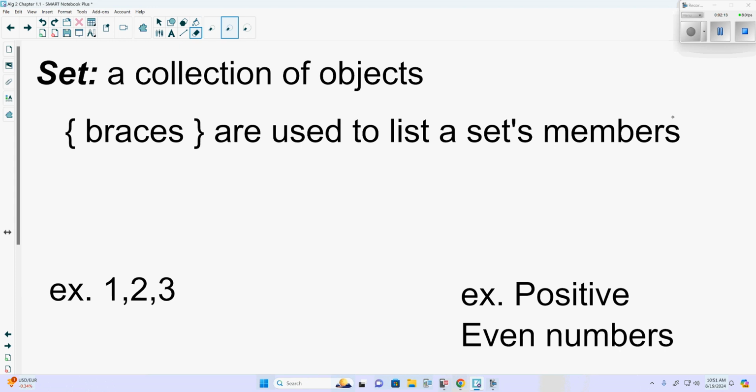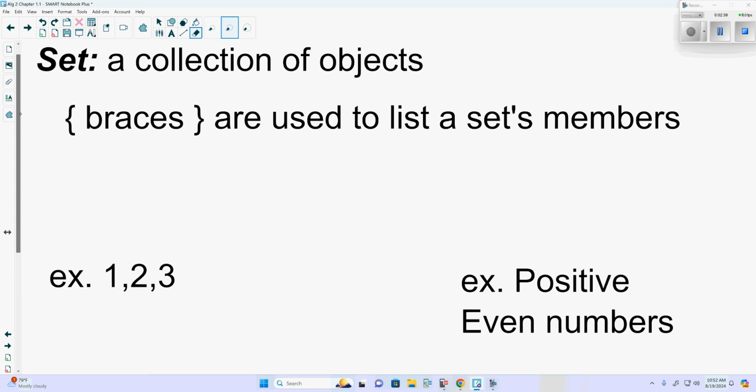If we're just talking about a finite set, we will use braces and list the set's members, or we can use words, it's a little interchangeable. So a set is just a collection of objects, as we could say a set of desks. It could be actually physical objects, or it could be more abstract.